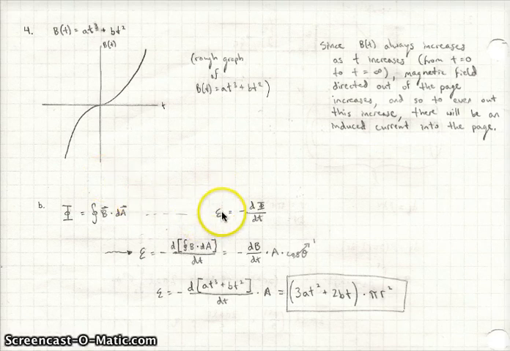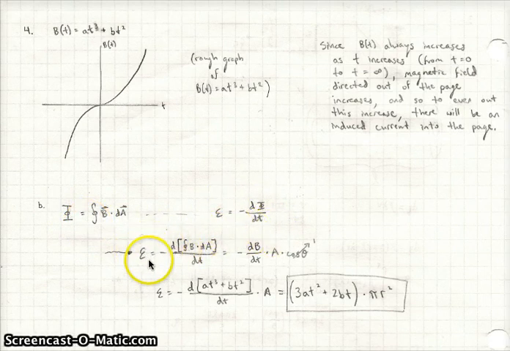I also used a corollary of Faraday's law, that the EMF equals the rate of change of magnetic flux. I combined these two equations, plugging the magnetic flux into this equation over here to the right.